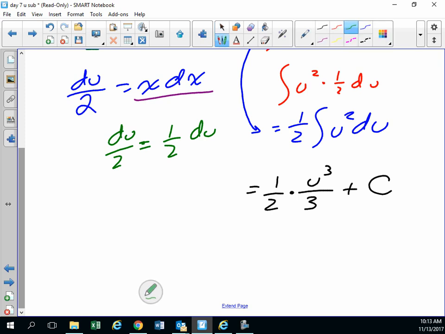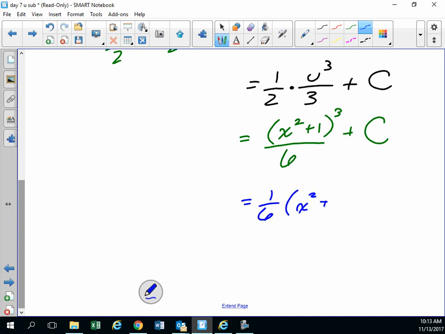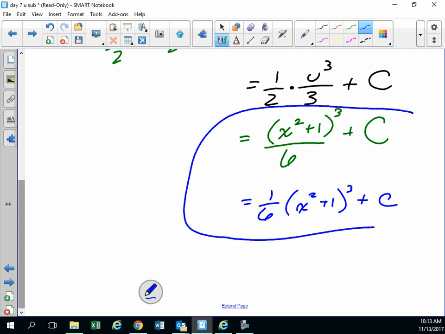I'm going to multiply the 1/2 times the u cubed over 3 and get 1/6. And I'm going to put back in my u. I believe it was x squared plus 1. By the way, I can write it as x squared plus 1 quantity cubed over 6 or 1/6 x squared plus 1 quantity cubed. They do mean the exact same thing.